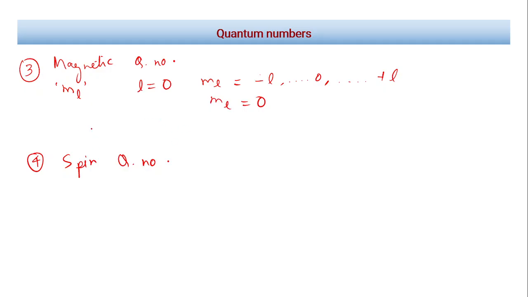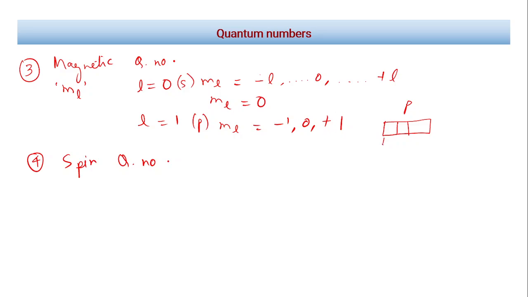For L is equal to 1, ml can take values -1, 0, plus 1. That means the P, I told you this is S subshell, this is P subshell. Now this P subshell can have 3 variations in itself.